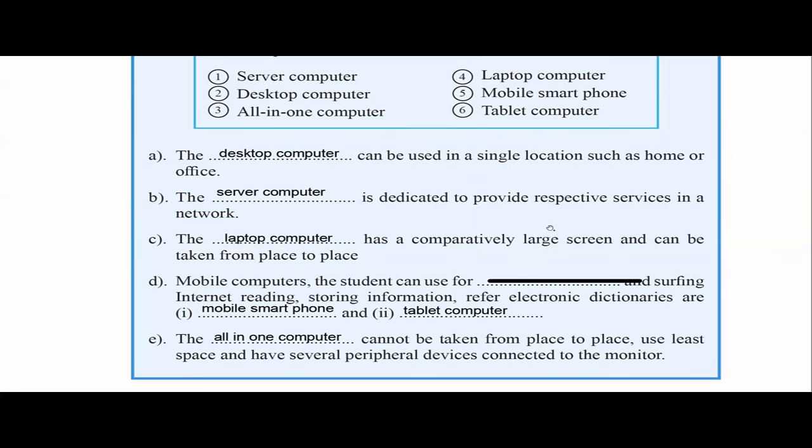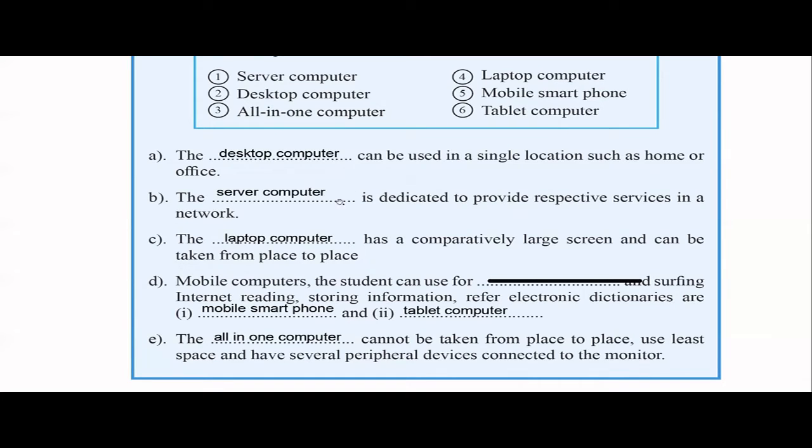Okay. So the first one: the blank can be used in a single location such as home or office. That means you cannot move it from one location to another. At home you are using this, so this is basically the desktop computer. Next one: the blank is dedicated to provide respective services in a network.